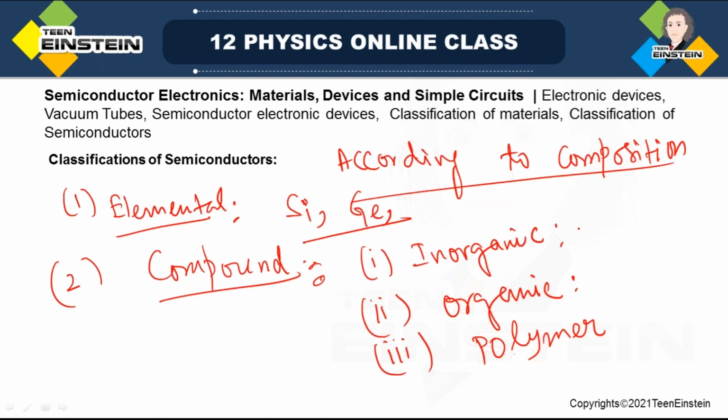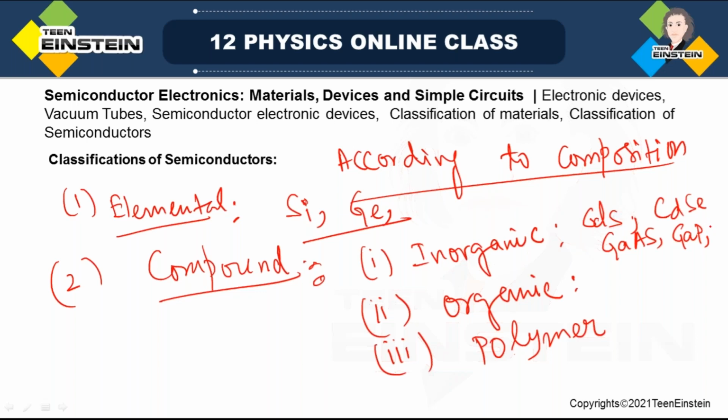You have to remember at least 2-3 examples for each. Like CdS, cadmium sulfide, CdSe, cadmium selenide, gallium arsenide, GaAs, GaP, gallium phosphide, gallium indium phosphide.